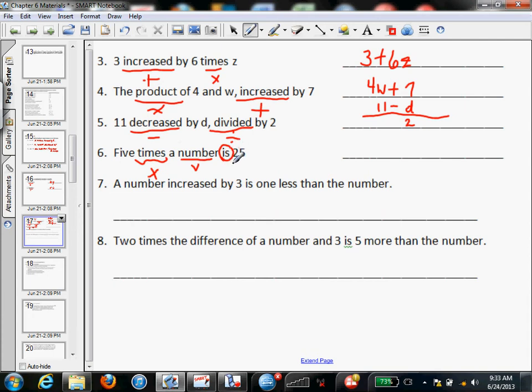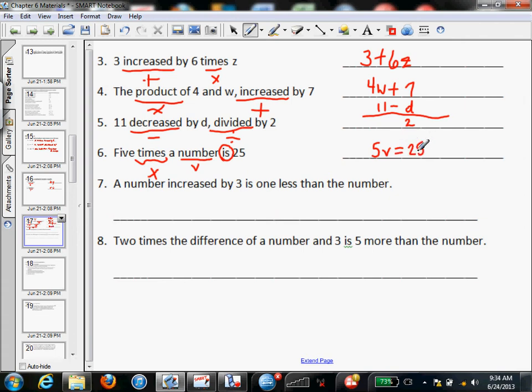Is cues us that this is going to be an equation. Notice before that none of these previous examples had the word is inside of them. That means they're just expressions. Is cues us that this will be an equation with an equal sign. So if we write this out, we have 5 times a number. Looks like we chose v to represent our variable, equals, or is, 25.